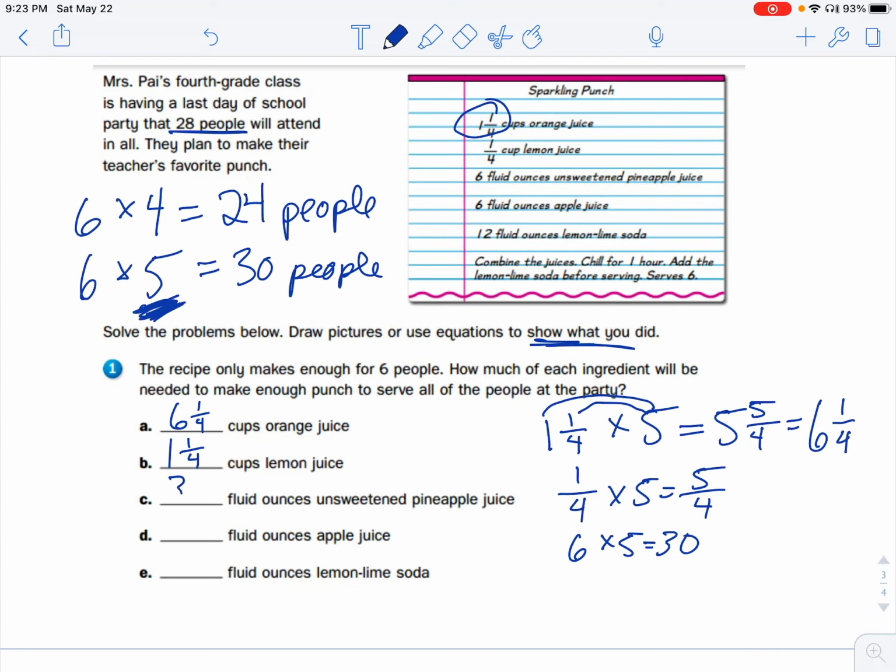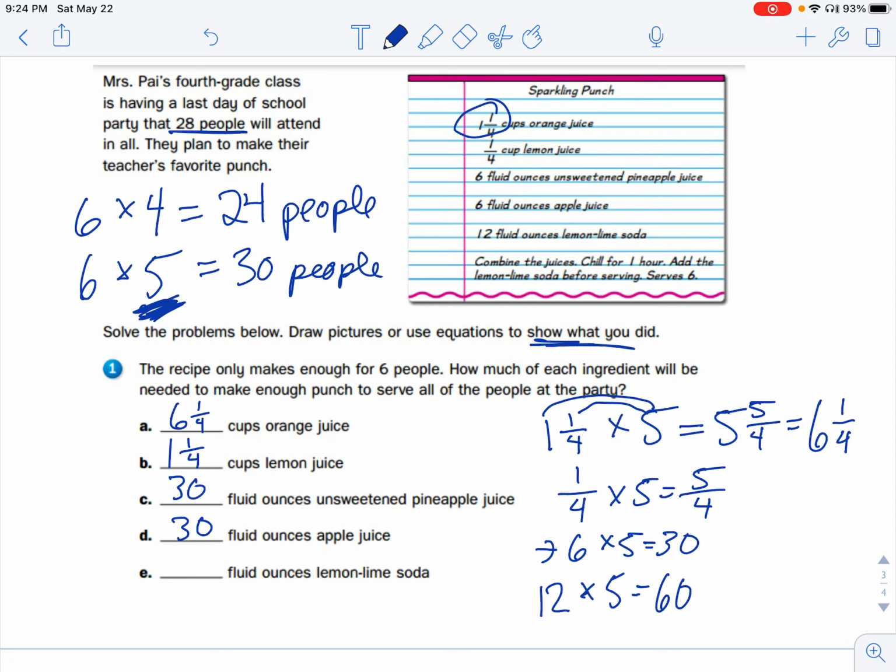And in fact, it's the same for apple juice, right? So I'll use the same equation twice, 30. And then lemon lime soda, now I have 12 fluid ounces for each of the 5 servings, and that is going to get me 60.